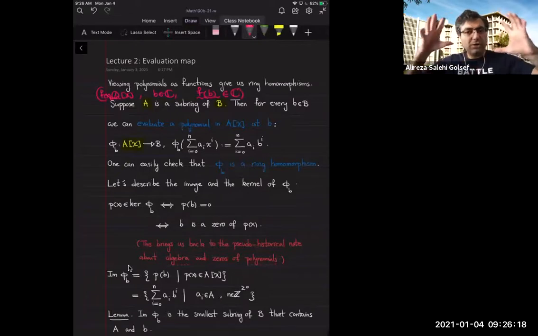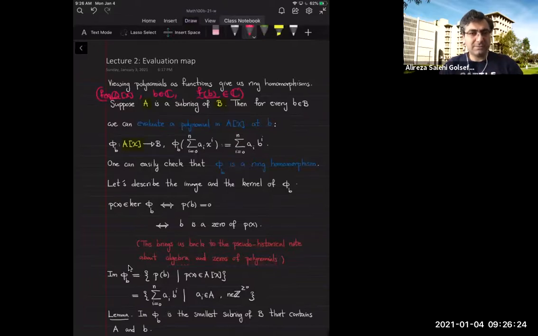So I'm getting a larger ring, capital B, like complex numbers over here, and I pick a subring inside this, like rational numbers. And then for every polynomial with coefficients inside the smaller ring, I can evaluate it.